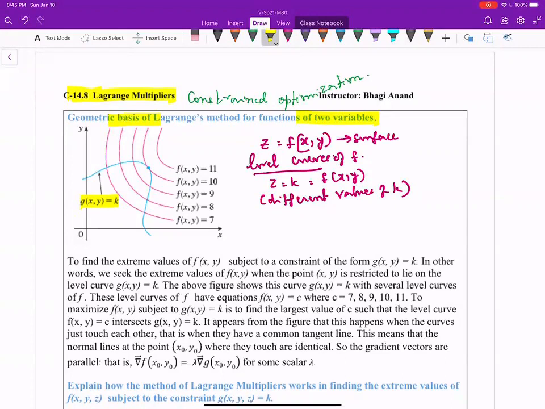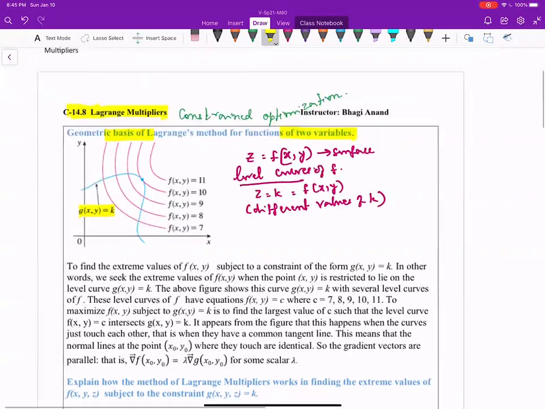This level curve, g of x, y equal to k, is called the constraint curve. It meets the level curves of f of x, y at several points. At one point, you notice it touches. There is one point at which the constraint curve touches a level curve of f.